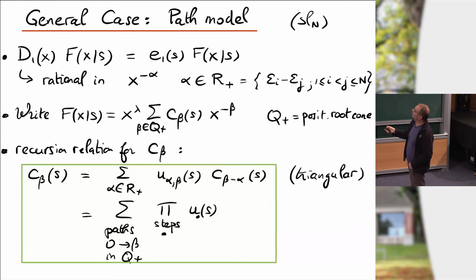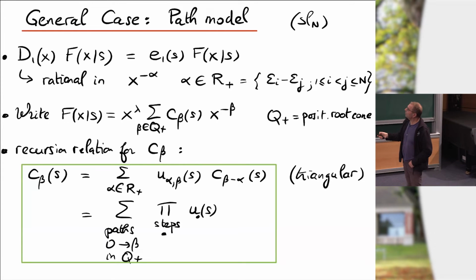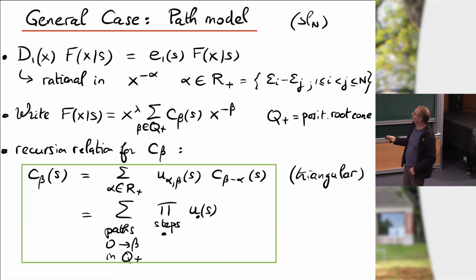So in the general case, I said this is rational. So same thing, I write f as a series expansion, but now on the positive roots, right, which are all these guys, and negative roots, in fact. And then the recursion relation for C beta, once I put all the coefficients in there, is just expressed in terms of shifts, right? So beta is expressed in terms of beta minus certain shifts, right?